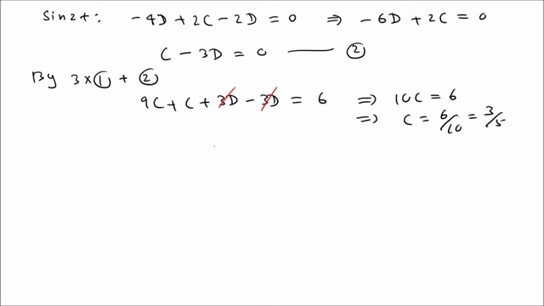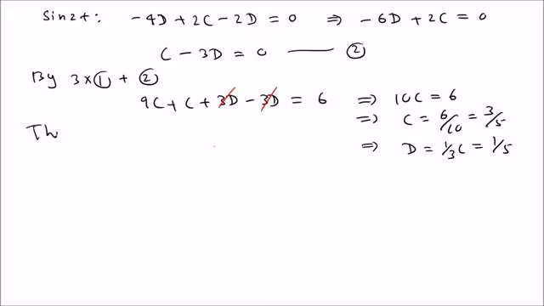And then we can use the second equation. So d is 1/3 of that, so this says that d equals 1/3 of c, which is 1/5. So we find the two values. Now we can write the general solution.